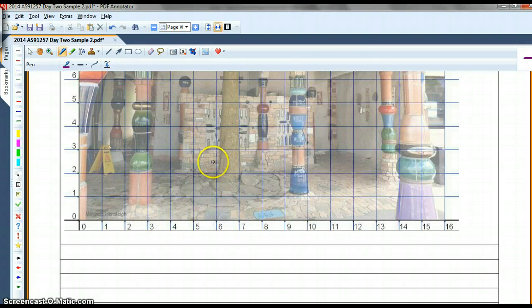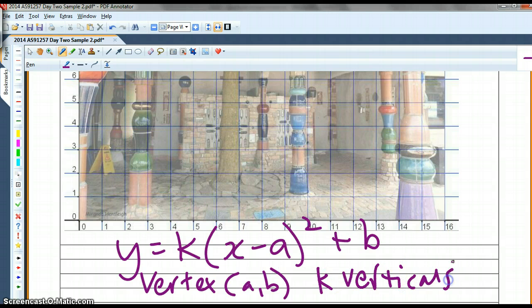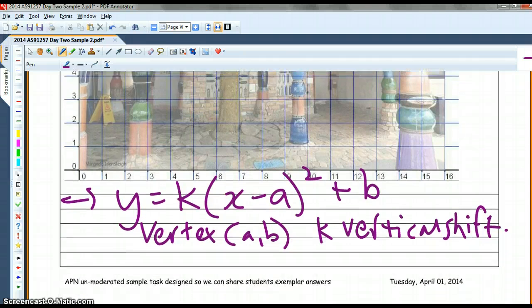And we could go y equals k(x minus a) squared plus b. That's actually the generalised function where the vertex is (a, b) and k is the vertical shift. So by writing that equation and connecting it, I've actually done the general formula. So that's quite an easy tick for most of you.